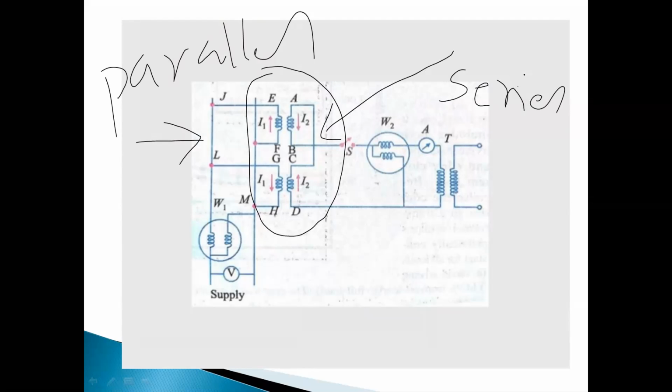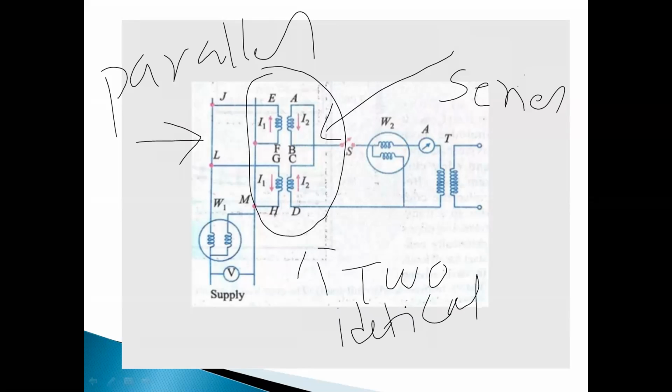Series opposition means two windings are connected in series opposition. We conduct the test on these two transformers because in Sumpner's test we need two identical transformers.